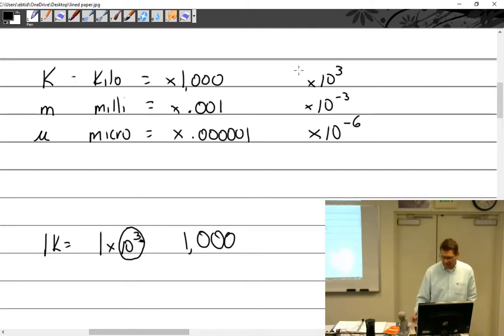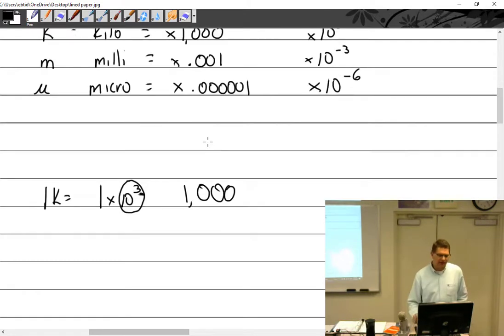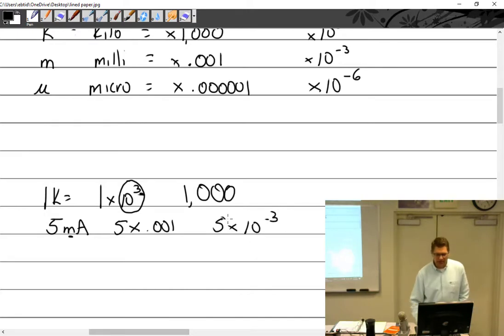All right, so if I said something like, I have 5 milliamps, there's the little m. That is like saying 5 times 0.001 or 5 times 10 to the negative third. So let's just look at it. 10 to the negative third. How many zeros do I add? Well, I have to move the decimal place.